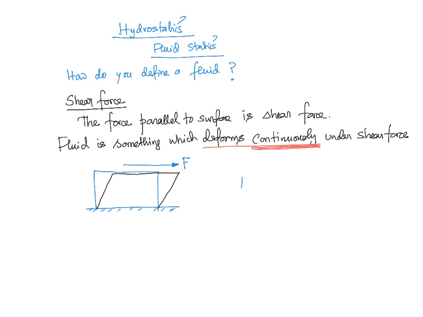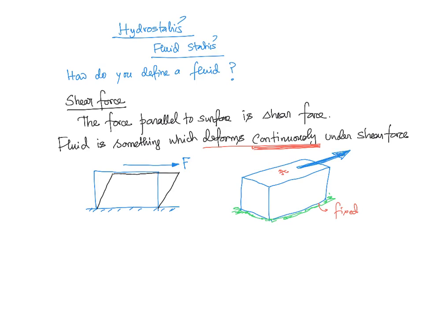Let me draw a better figure than this. The three-dimensional figure. This is a solid block. This is before the shear force is applied. So the lower end is fixed, and this is the surface area A. A force is applied parallel to the surface.